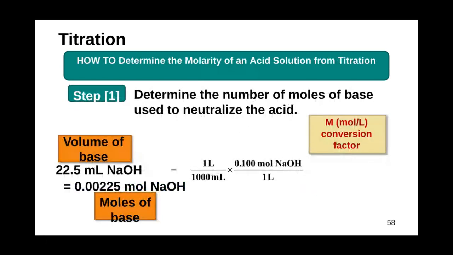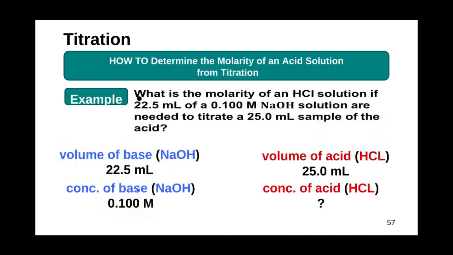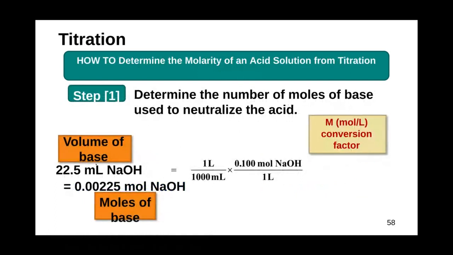So step 1, we determine the number of moles of the base needed to neutralize the acid. Now, remember, molarity, big M, is simply equal to moles divided by liters. Now, we know the molar concentration. So again, we started off with our concentration of sodium hydroxide, 0.1 molar. Now, we just use this equation. We have 22.5 milliliters of sodium hydroxide.